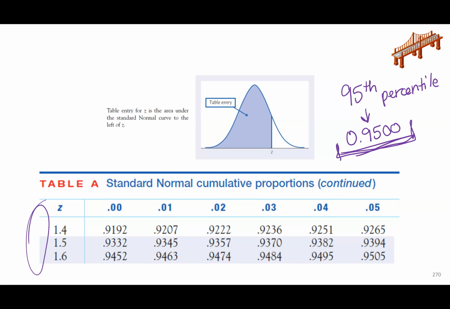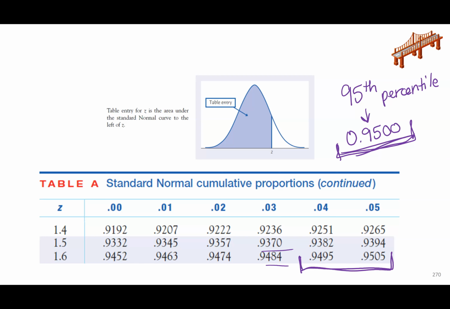If the percentile you're looking for is below 50%, you'll use the negative z-table. Looking here, obviously this is very cropped. This is 91.92%, 93, 94. Oh, look, this is cropped beautifully, right?